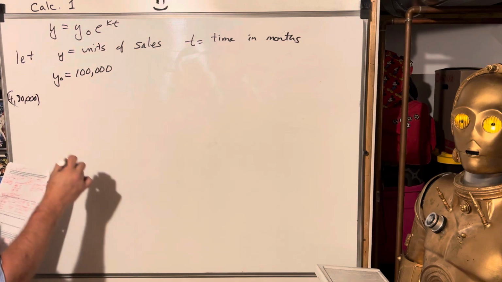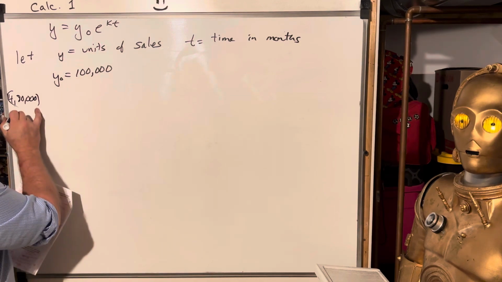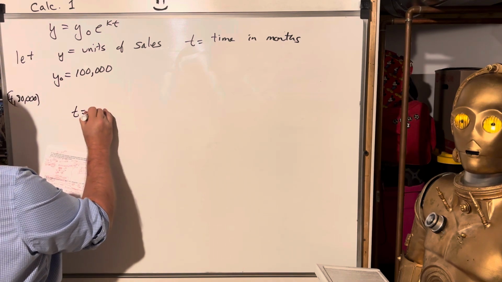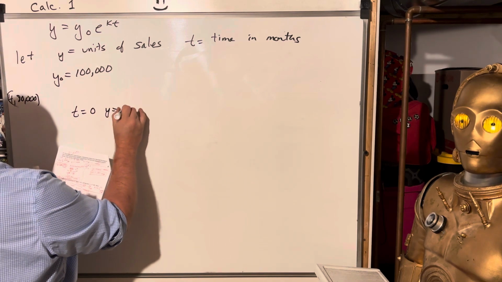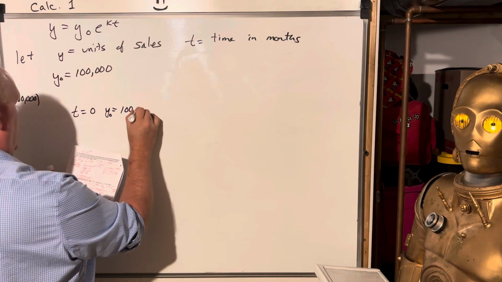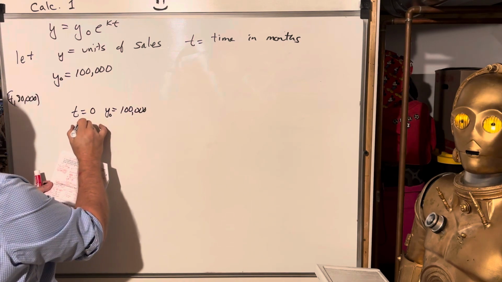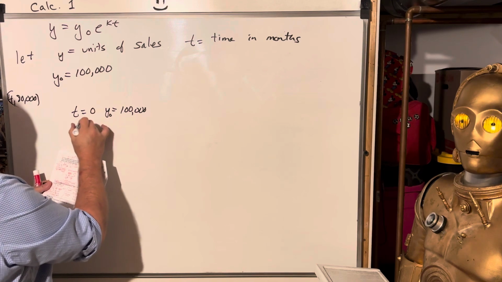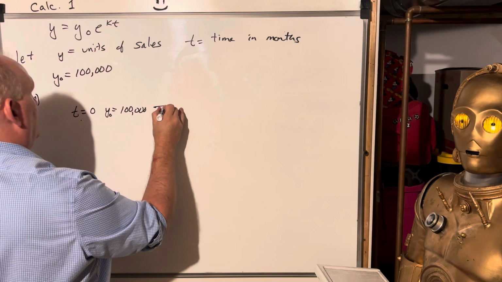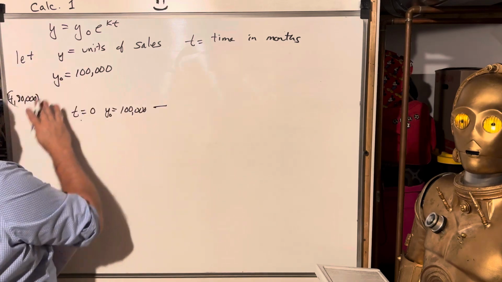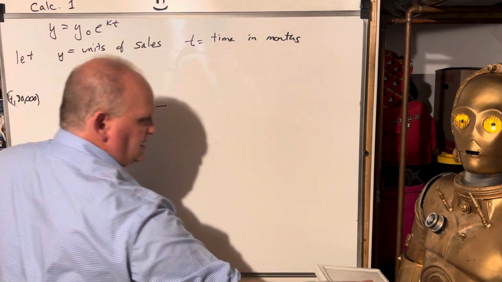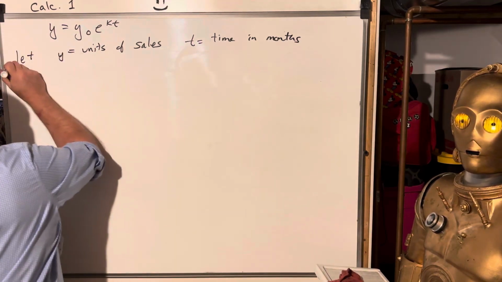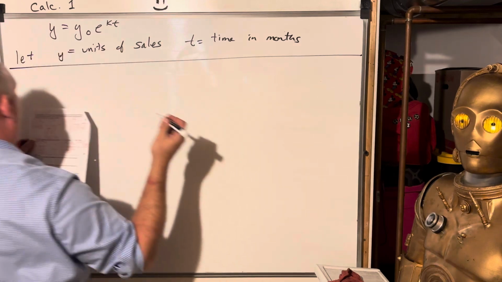Okay, so let's do that. Let's take t equals 0, y equals 100,000, y naught equals 100,000, and that determines y naught. Oh, I already did that. Oh my goodness, sorry, my work is all discombobulated here. Here, let me draw a line. There we go.